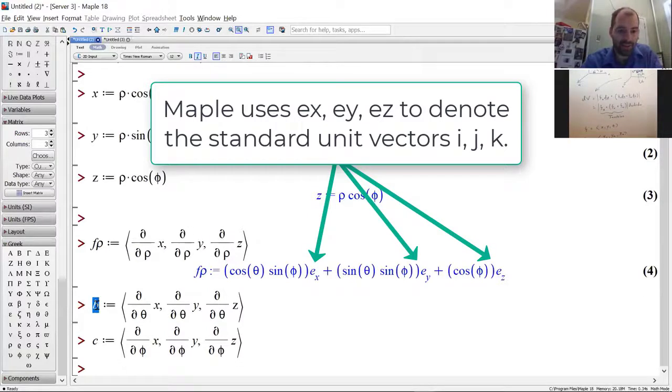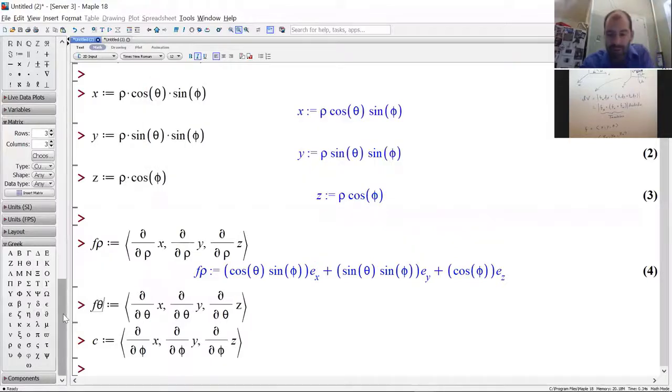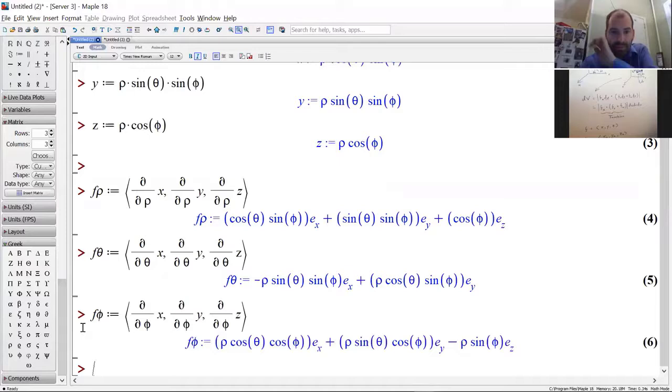This is F theta, so I'm differentiating everything with respect to theta here. And this is F phi. Okay, so I've got those three vectors. I took the rho derivatives, the theta derivatives, and the phi derivatives.